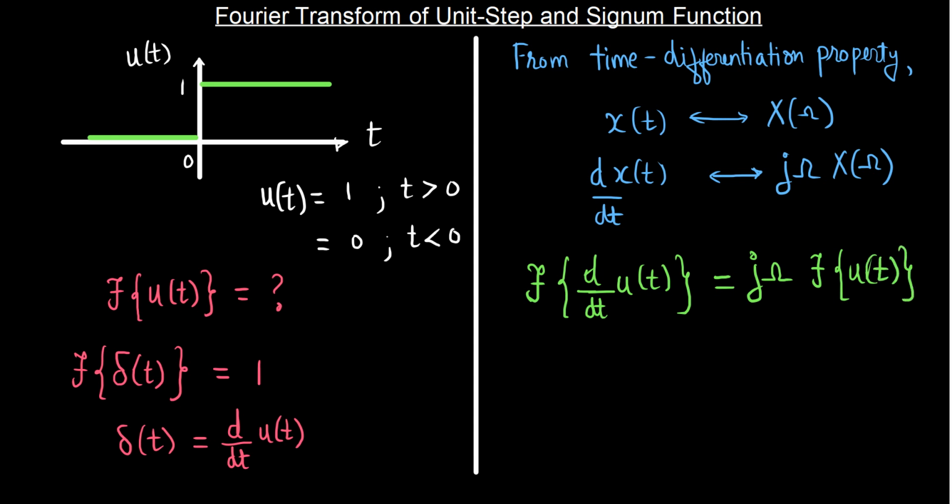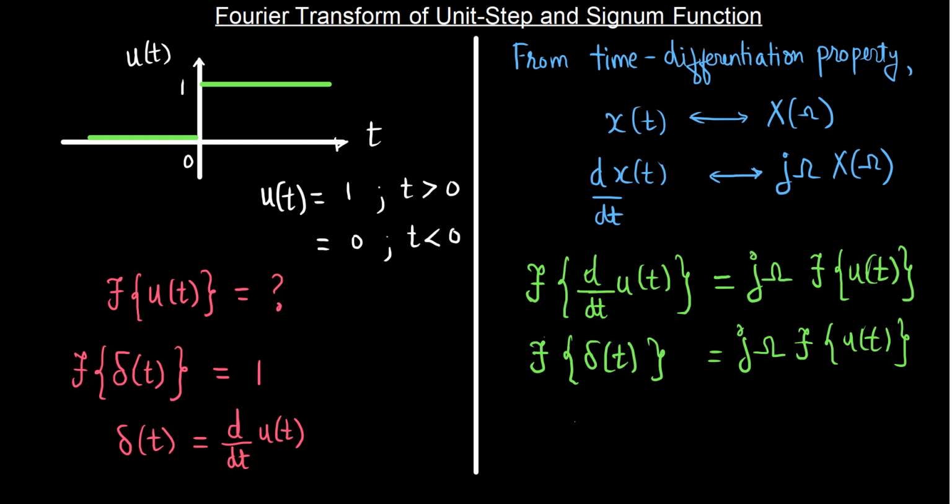You can see that the Fourier transform of the derivative of a signal is nothing but j omega times the Fourier transform of the original signal. Similarly, the Fourier transform of the derivative of u of t, which is del t, is j omega times the Fourier transform of u of t.